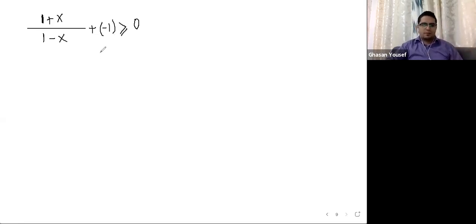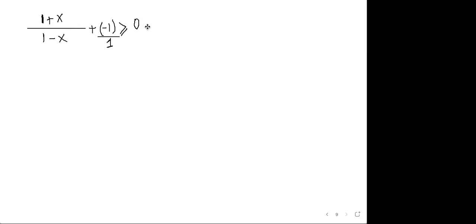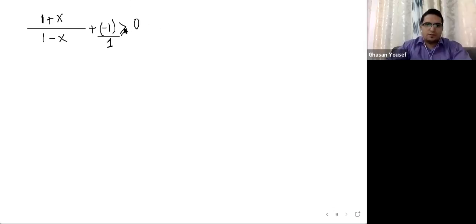Now, next step: here we have a fraction, and here we don't have a fraction, but actually this is over 1. How can we solve this? We have to make the denominators equal. We can cross multiply, or multiply both sides by the denominator.